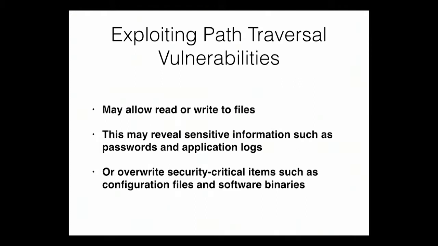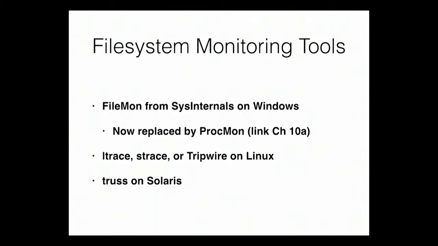If you can write on the machine, of course, you can overwrite config files, system binaries, all sorts of good things. And if you want to prevent this stuff, FileMon, which we were just talking about before class starts, was designed for this. You monitor, it gives you a readable entry in your intrusion detection systems of when people are doing file writes, and now if you do the right query in something like Splunk, you can spot that somebody is writing to a system file which they shouldn't be.